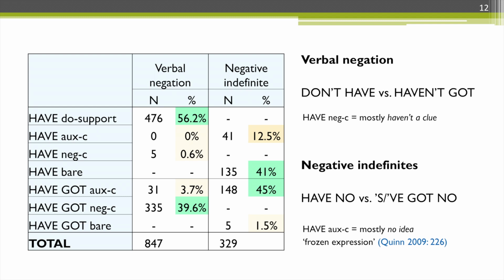Again, there's a little bit more variation, so we can have auxiliary contraction in that environment, but again, mostly these are frozen expressions, like the phrase no idea, like I've no idea. And so there's very little use of have as an auxiliary.